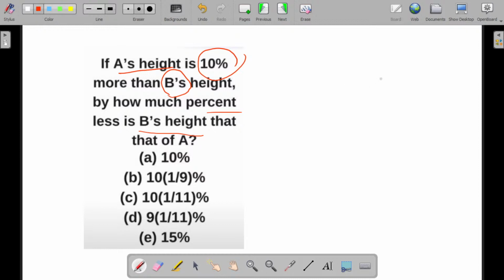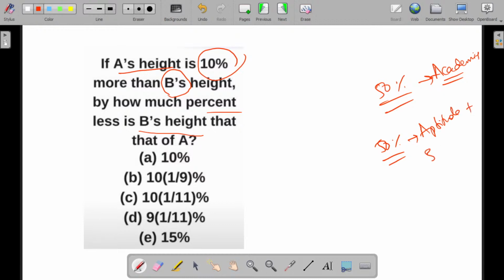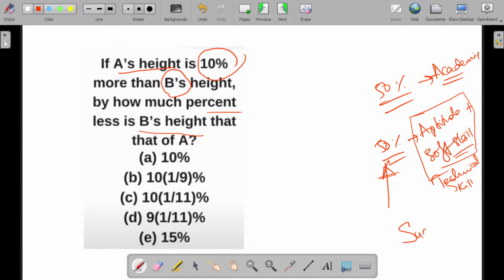You need to give 50 percent weightage to your academics and 50 percent weightage to aptitude, soft skills, and technical skills like competitive programming. You should do this to gain success. Success means to get a job.